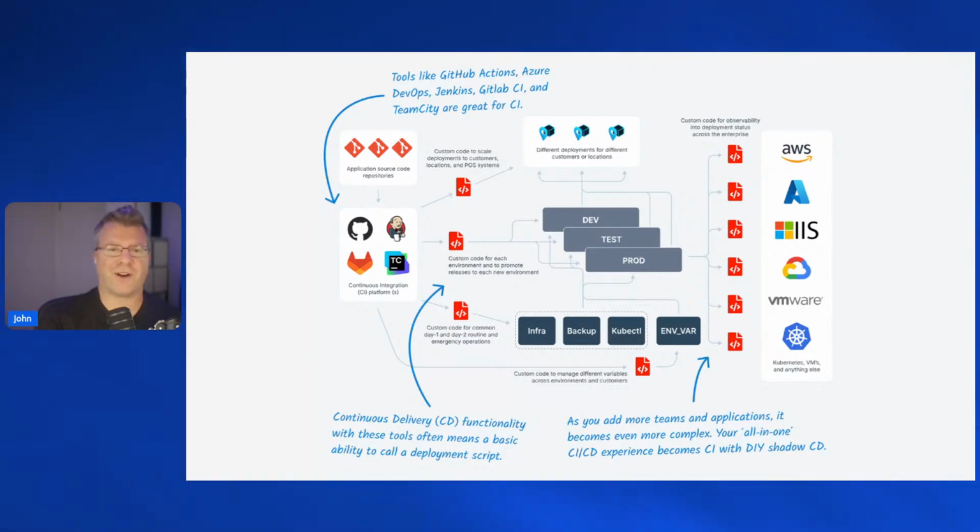And then you have a wide variety of tools that you use for day 0, day 1, day 2 operations. These are things that you have to use in combination with your deployments. So you have a lot of DIY shadow CD going on. You're trying to utilize these all-in-one solutions. They don't often do a great job of the CD part, the deployment part, and so things get really difficult, especially when you scale.